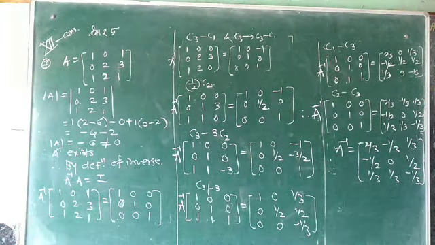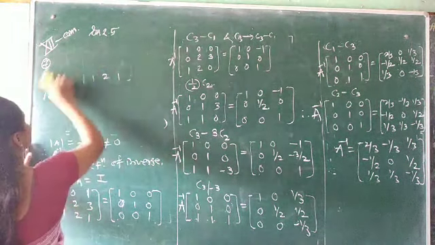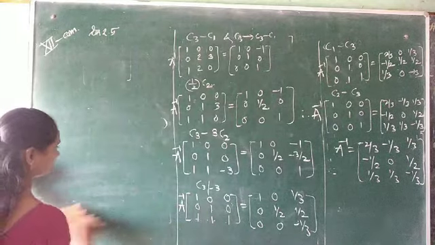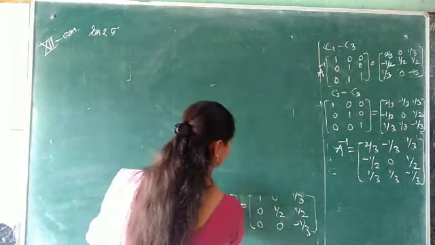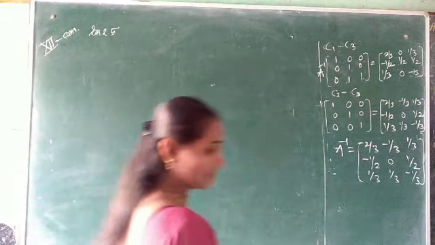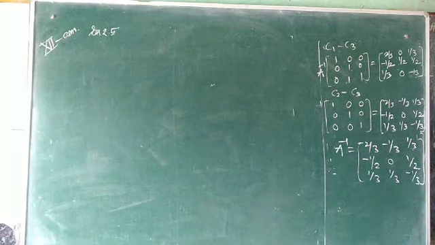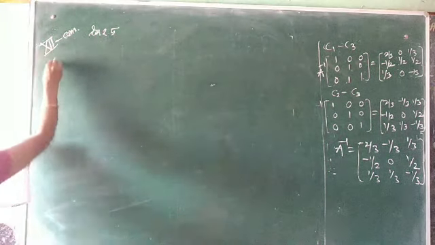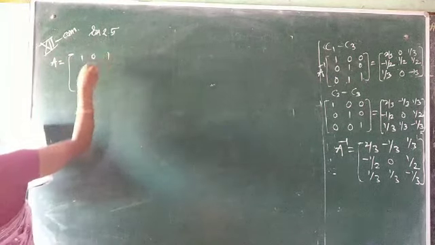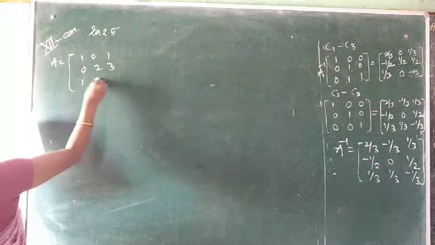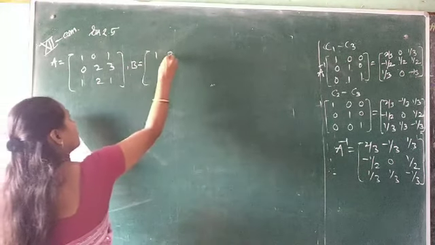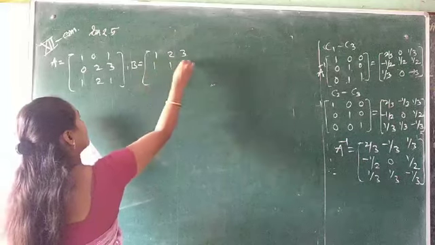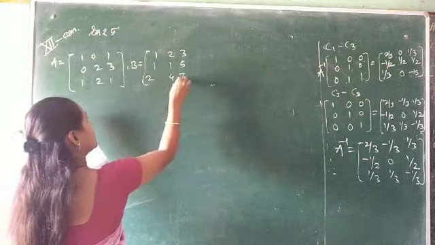If A is equal to 1 0 1, 0 2 3, 1 2 1, B is equal to 1 2 3, 1 1 5, 2 4 7.